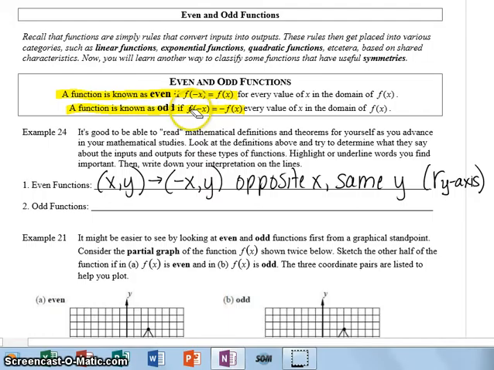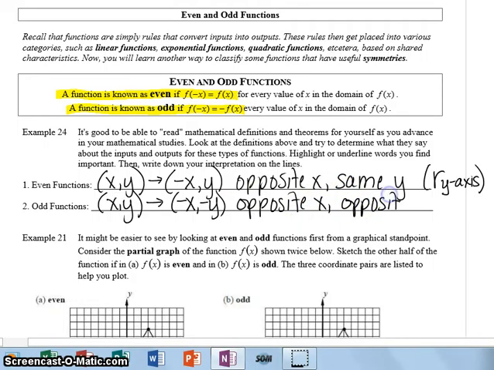Okay, odd functions is saying, if you negate your x, it comes out as a negation of the entire function. What that means, this one's a little bit harder, is if you have any point, it comes out opposite x and opposite y. So you have to change both signs, which is a reflection through the origin, if you can remember that from geometry.